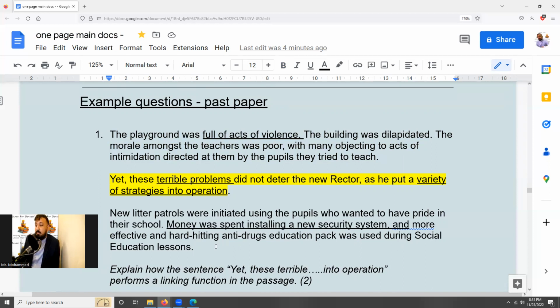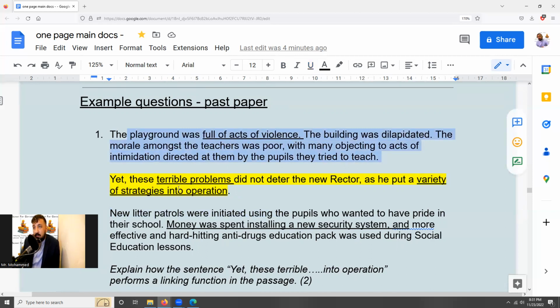Okay, so what we do is we underline, like I said, the part of the link that connects backwards, which is this. And then we underline the part that connects forward, which is this. Because this here is all talking about problems that the school was having.